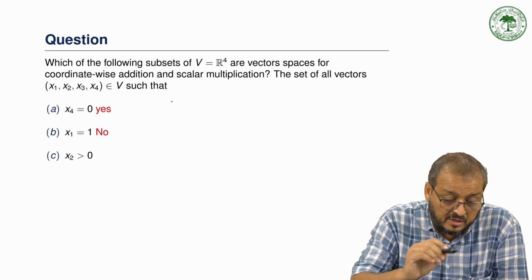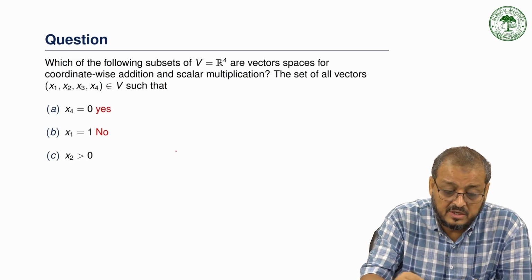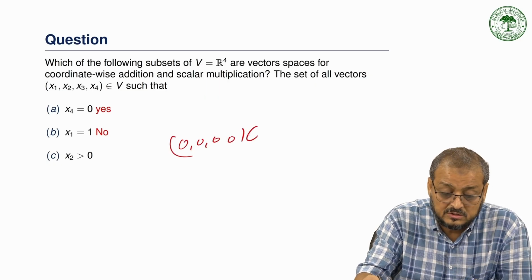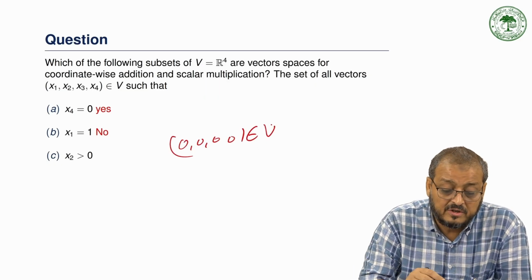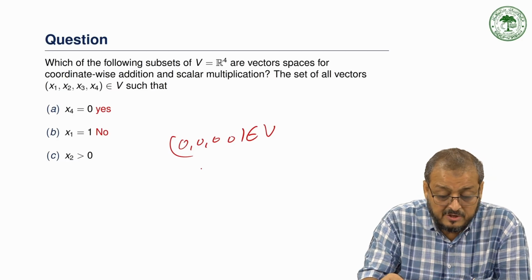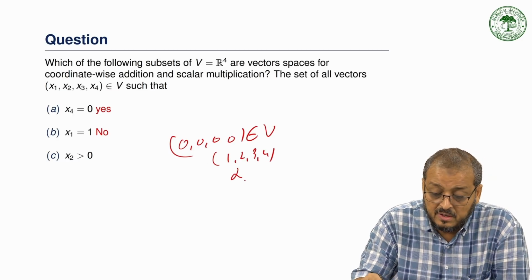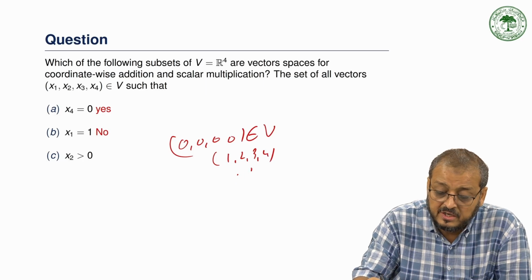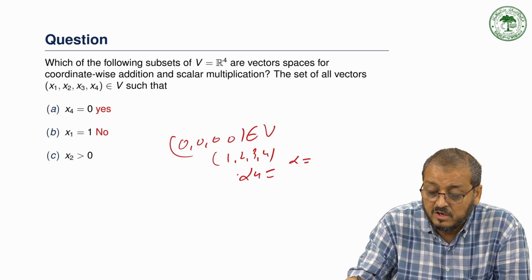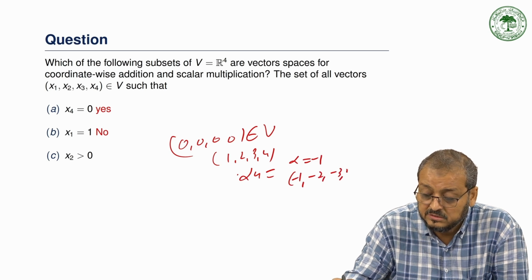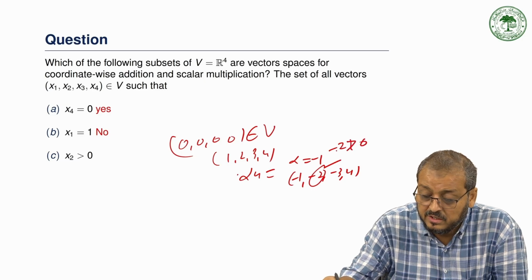If we take x strictly greater than 0, then again in this case 0, 0, 0, 0 does not belong to the set. Also, if you have 1, 2, 3, 4 and you take alpha u, with alpha equal to -1, we get -1, -2, -3, -4, and -2 is not greater than 0.